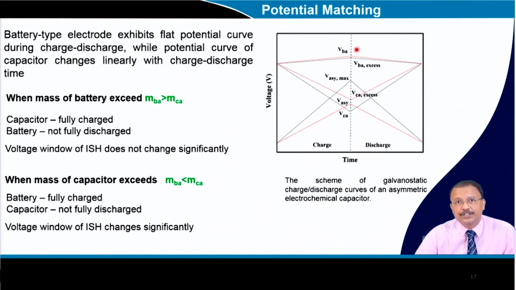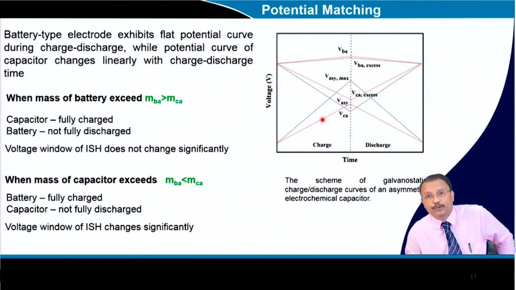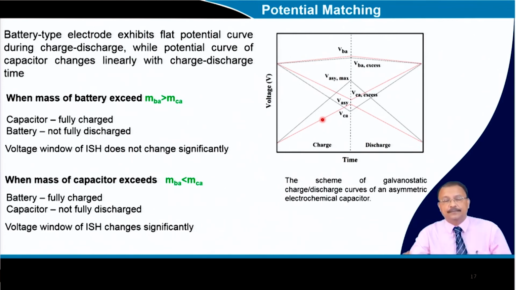So, during charge, what is happening to the positive material and what is happening to the negative material? Half cell of these two and then you combine this. So, the voltage limit you can see. What is important now is, when the mass of the battery is exceeded, what will happen? The battery has enough mass, so the capacitor is fully charged, but the battery is not fully discharged.